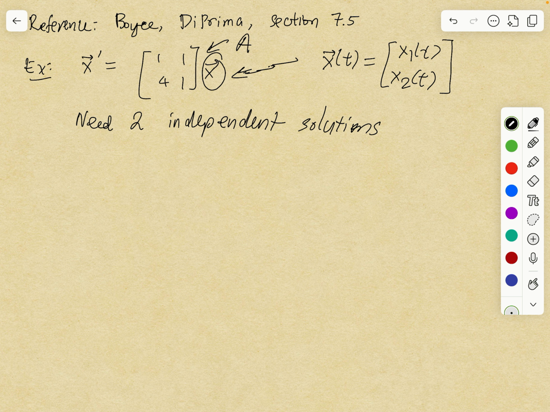So the idea is to try finding solutions, and it turns out this works.